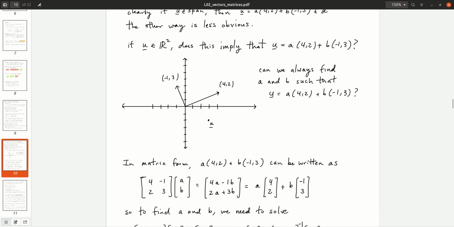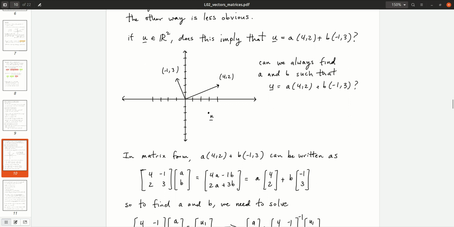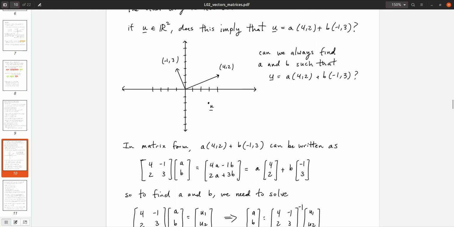Now we can take the equation that we want to solve and write it out in matrix form. So this thing, A times 4, 2 plus B times minus 1, 3, we can write on the left-hand side like this. We get 4 times A minus 1 times B, and the second element is going to be 2 times A plus 3 times B. And that's what you get on the right-hand side.